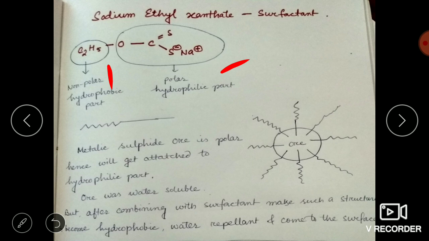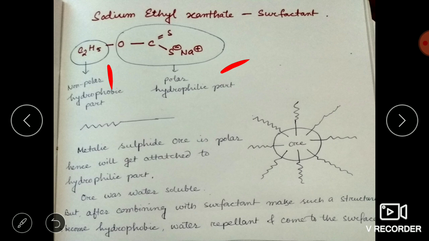Now this C2H5 part is your non-polar part. It's a hydrocarbon. You know hydrocarbons are non-polar, and non-polar compounds are hydrophobic. So this ethyl part is the hydrophobic part of sodium ethyl xanthate, and the other part is polar, because here you can see the plus and minus charge.